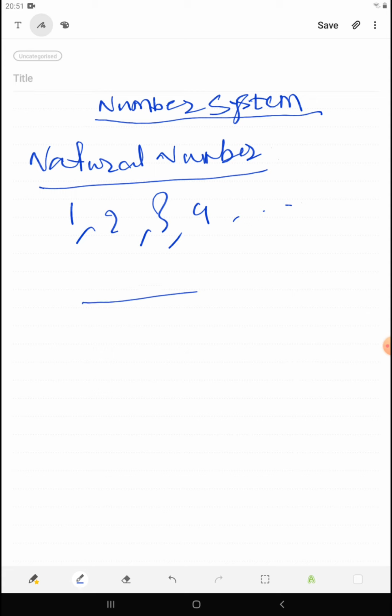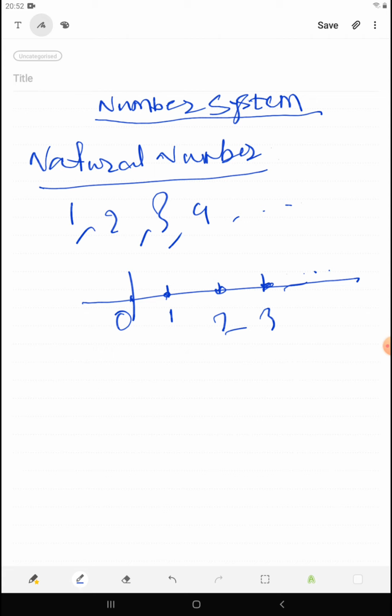If I draw a graph for it, this is the origin and this is 1, 2, 3, dot dot dot. So yeah, it is going up to infinity. Remember, it is always these points which are natural numbers.